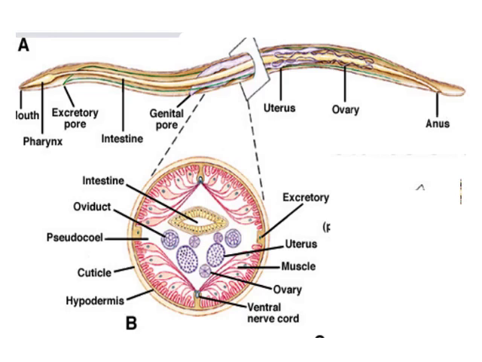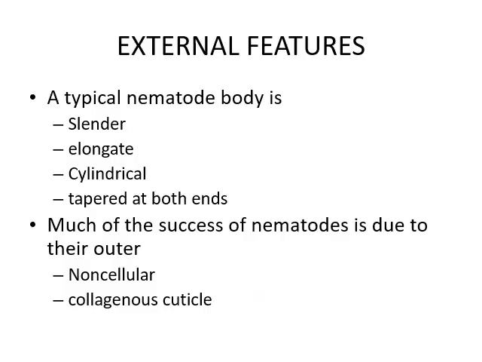Now in the cross section you can see there is an intestine, oviduct, pseudocoelom, cuticle, hypodermis, ventral nerve cord, ovary, muscles, excretory.